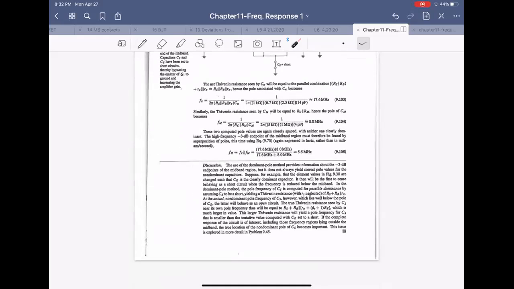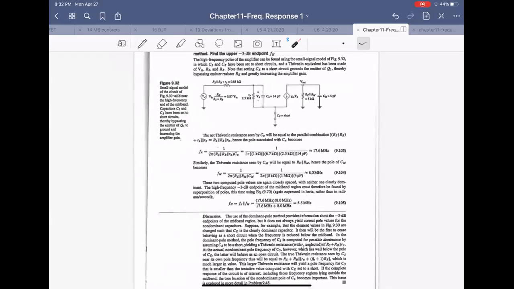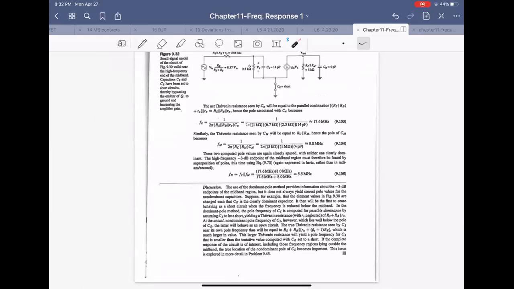So we can plot, right? We can plot like this. Something like that. Like this, FL1, FL2, FH1, FH2, like that.